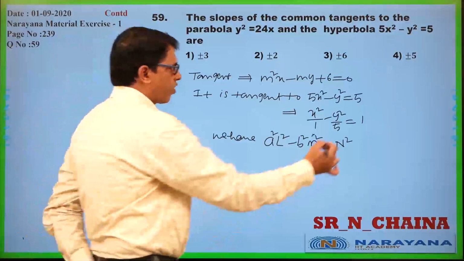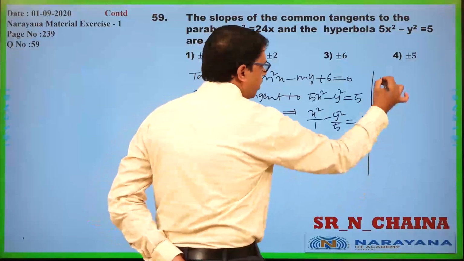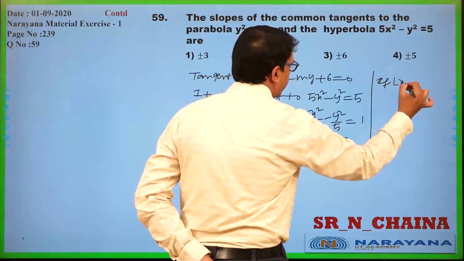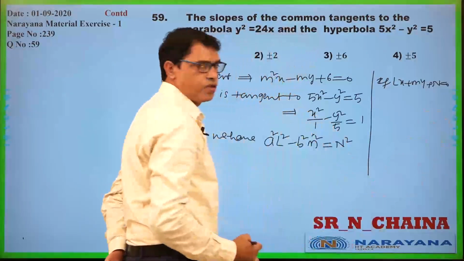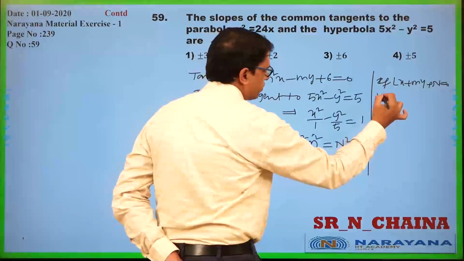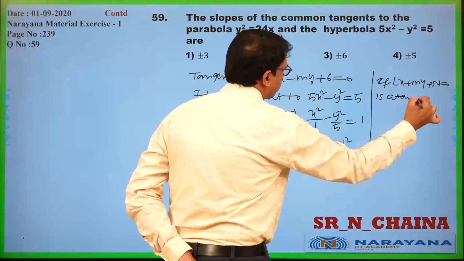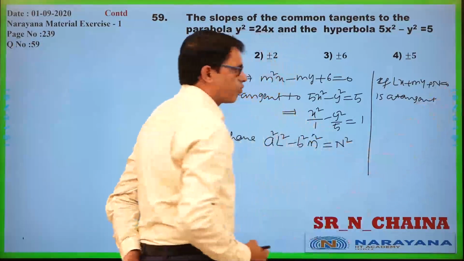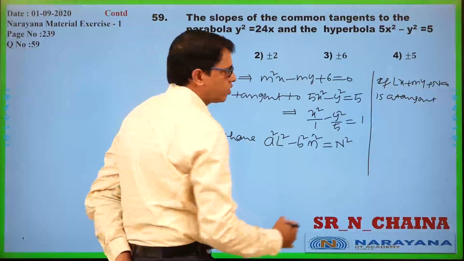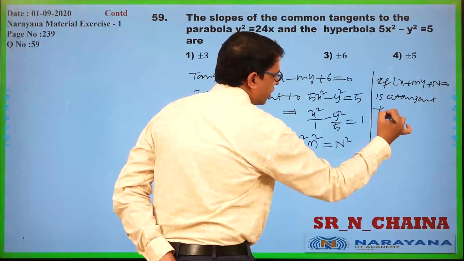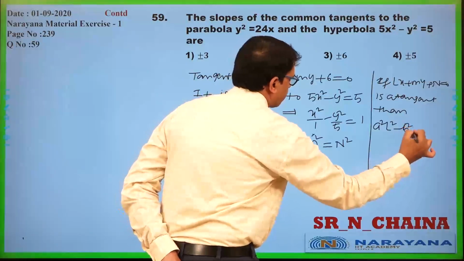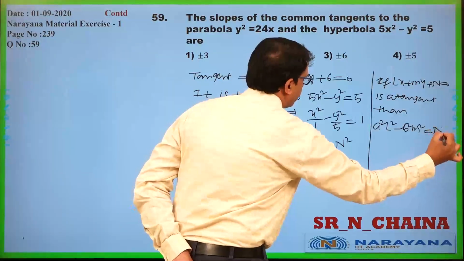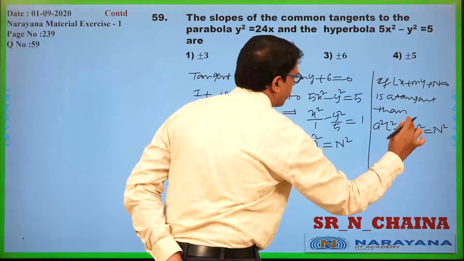I am writing the formula here. If Lx plus my plus n equal to 0 is a tangent to the hyperbola, then the condition is a square L square minus b square m square equal to n square.